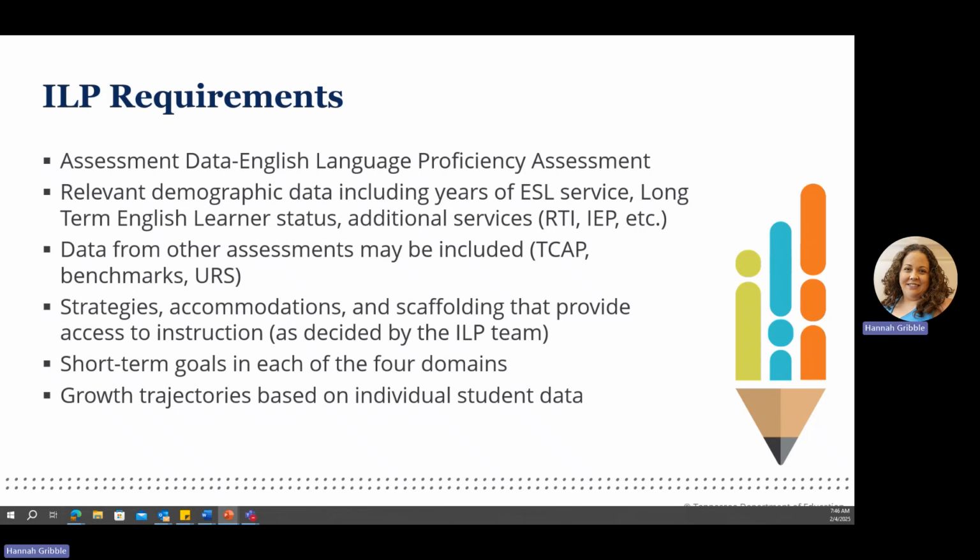Data from other assessments may be included as needed. They must include strategies, accommodations, and scaffolding that provide access to instruction. These are decided by the ILP team and not an individual teacher. ILPs must include short-term goals in each of the 4 domains. They also must include growth trajectories based on individual student data.